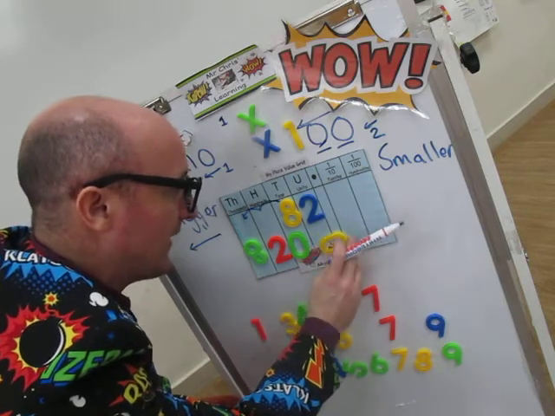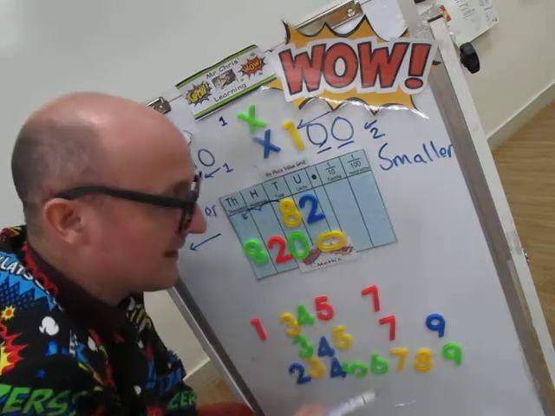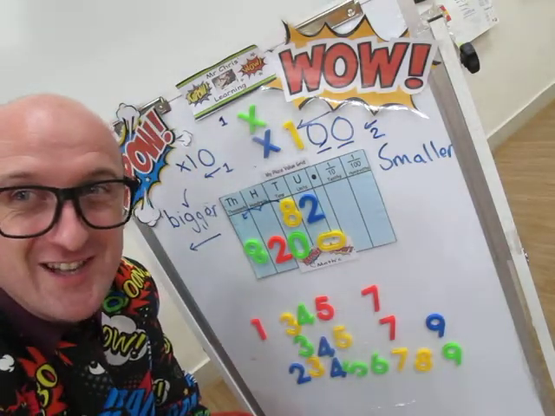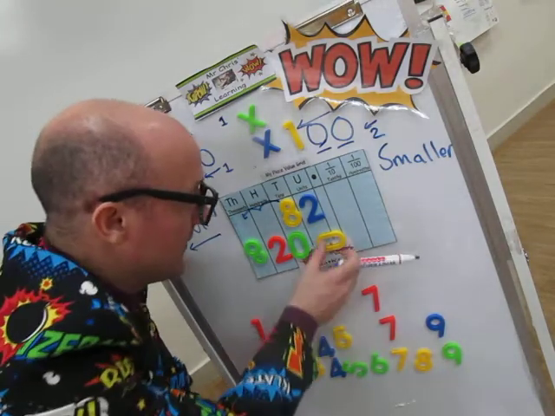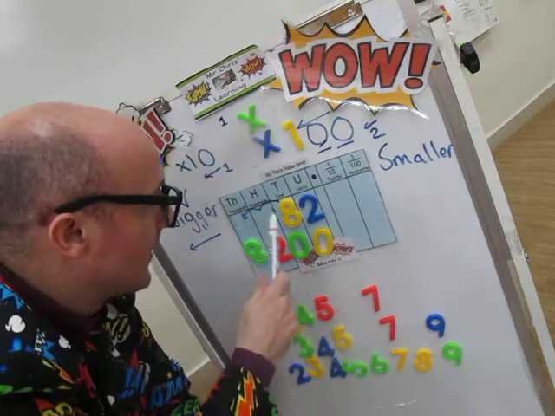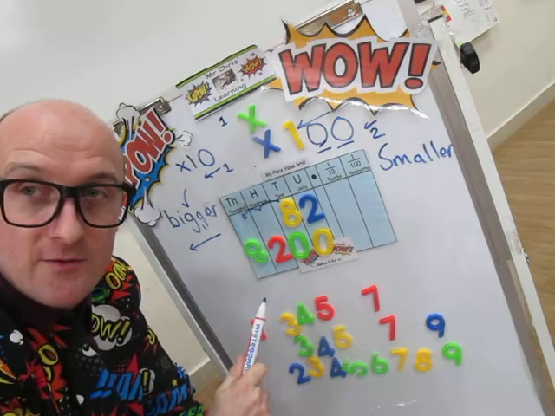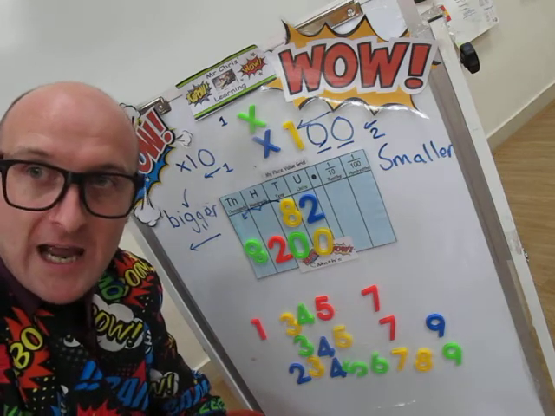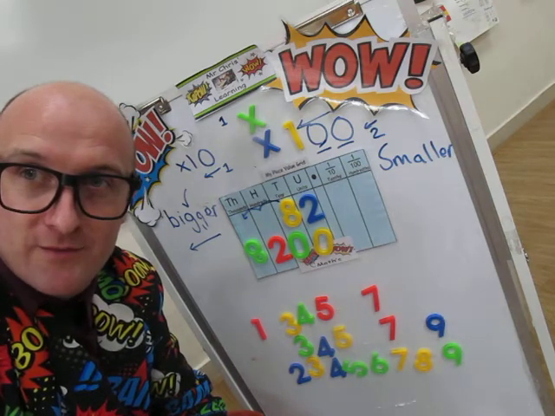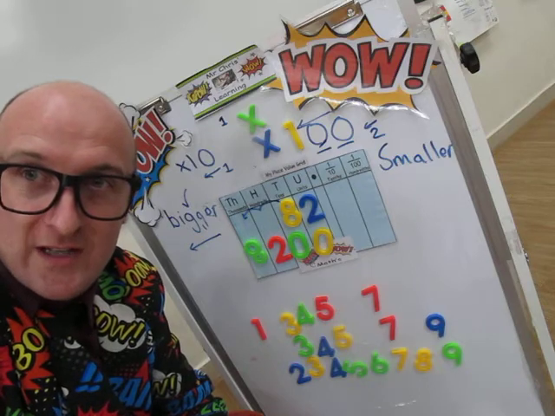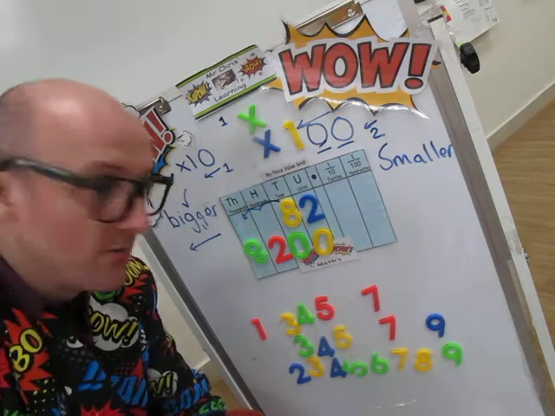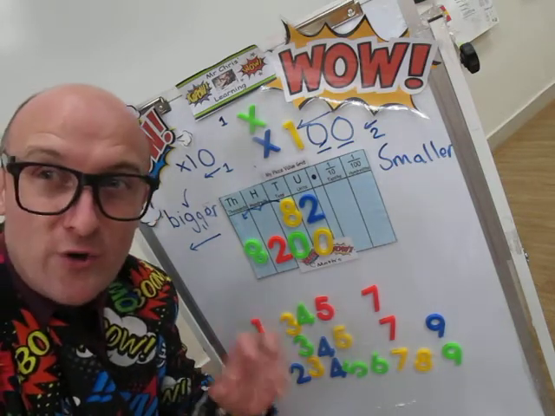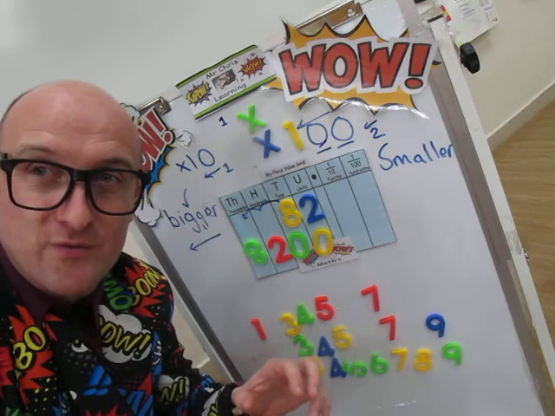Just about, it's hanging on. Okay, so 8,200. That 0 doesn't like it, does it? So make sure we do that, moving 2 places to the left. We're not adding zeros, because we'll have a look at that with decimals. I think what we'll do decimals in another video today because I don't want this one to be too long.